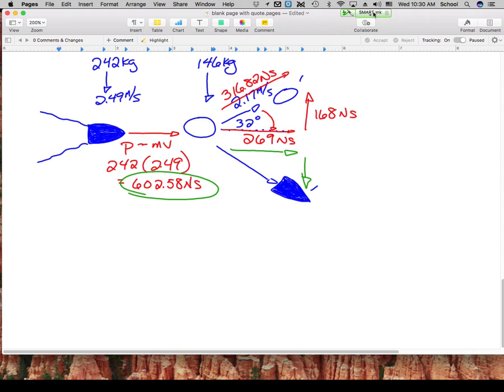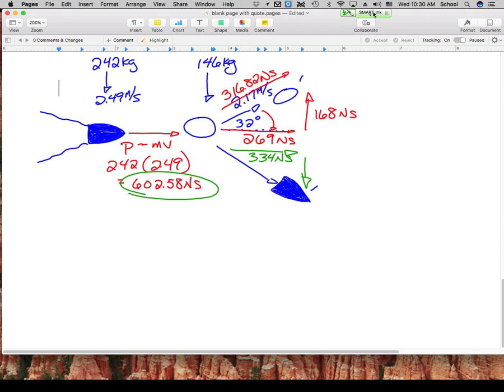How much is missing? You subtract them. So if I take the 603 minus the 269, there is 334 Newton seconds missing. So there must be 334 Newton seconds going forward in the boat.